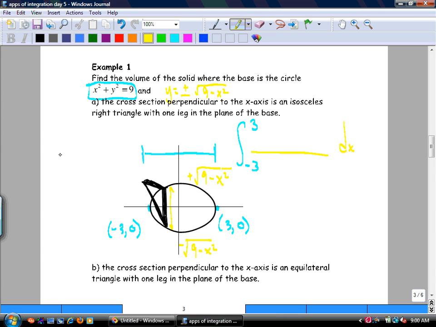What's the formula for an isosceles triangle? 1/2 x squared. Now x is the distance between the two curves. So it's going to be 1/2. What's x squared though? Root 9 minus x squared minus negative root 9 minus x squared.